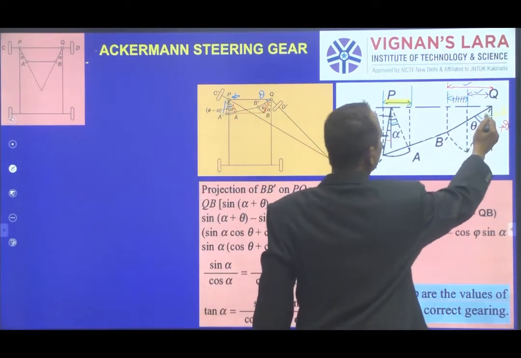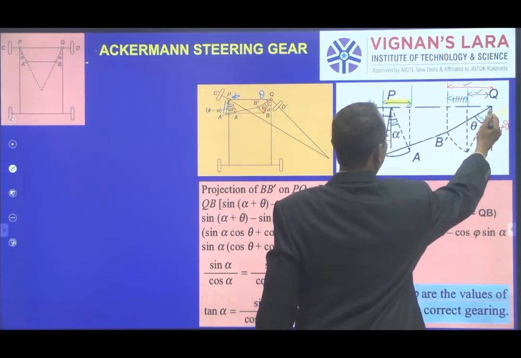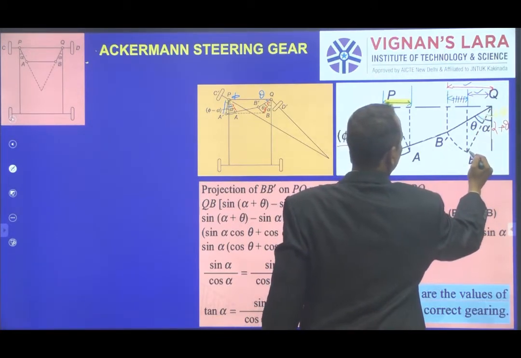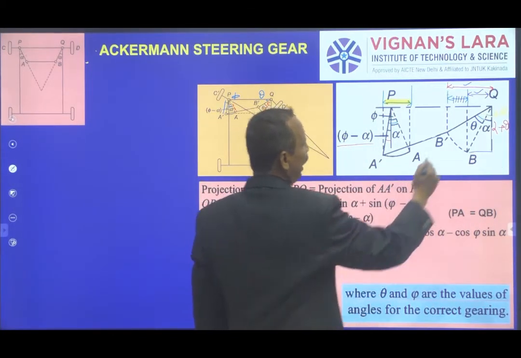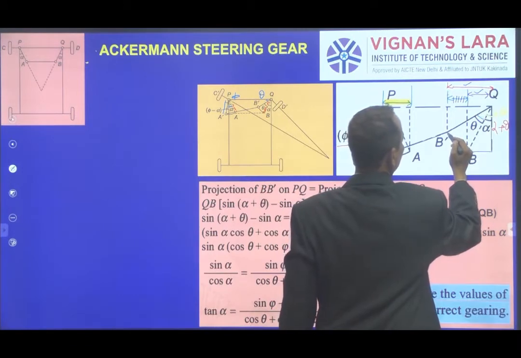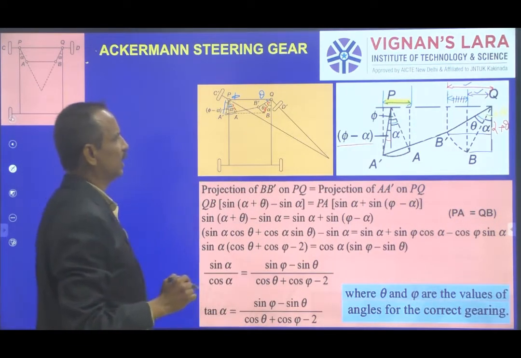So you can see this is the triangle QB, and this is one triangle and another triangle is this. These two triangles are taken into consideration.